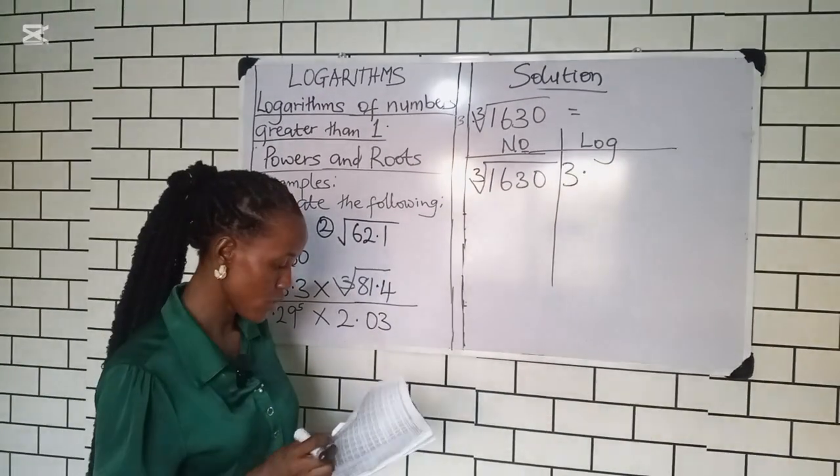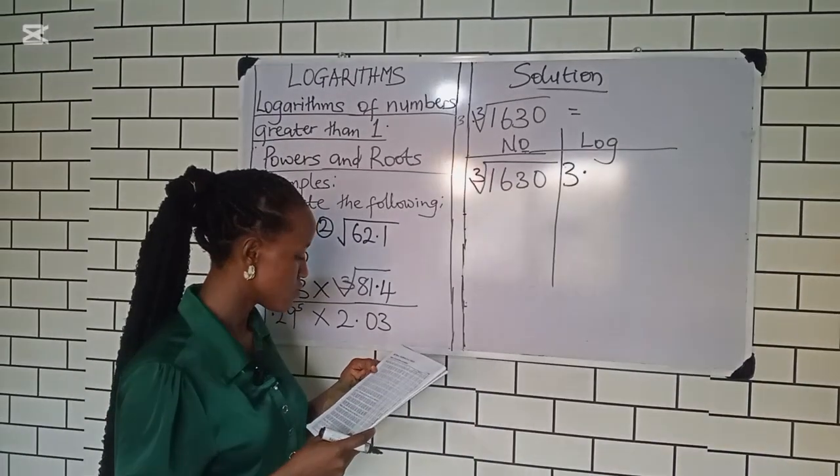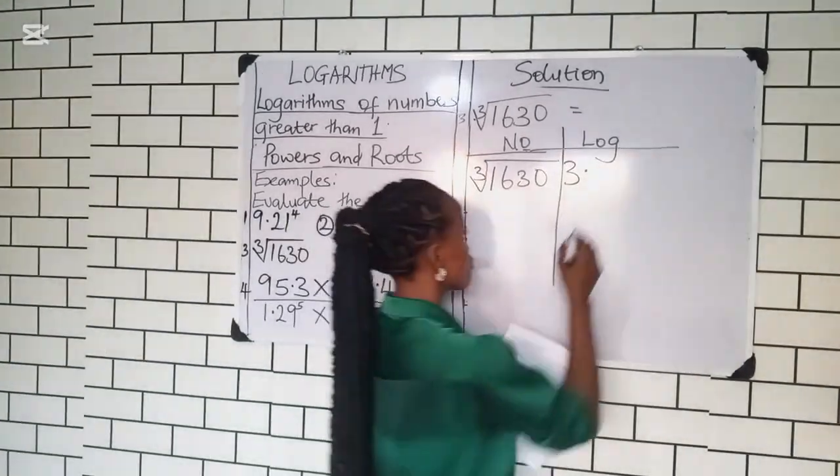16. Now open the logarithm part of the table. Look for 16 under 3. 16 under 3 is 2122.